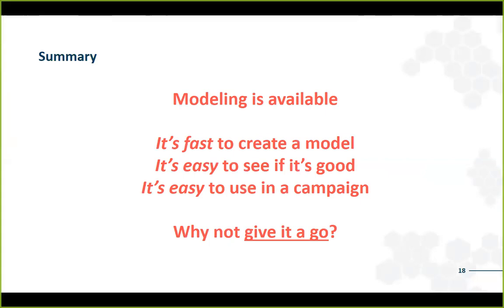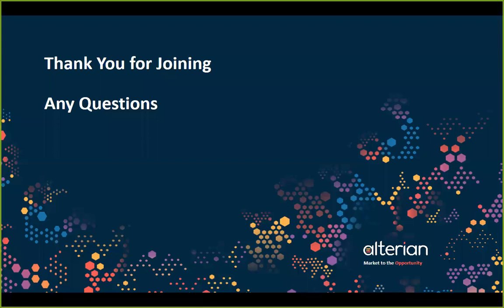The nice thing I like is that it's easy to see if it's any good, and finally, it's easy to use in a campaign, whichever of the campaign selection tools you use. So what I'd encourage people is to go and give it a go. Try and use the model, see if it works for your selections. That concludes my part of the session. I just wonder if there are any questions.